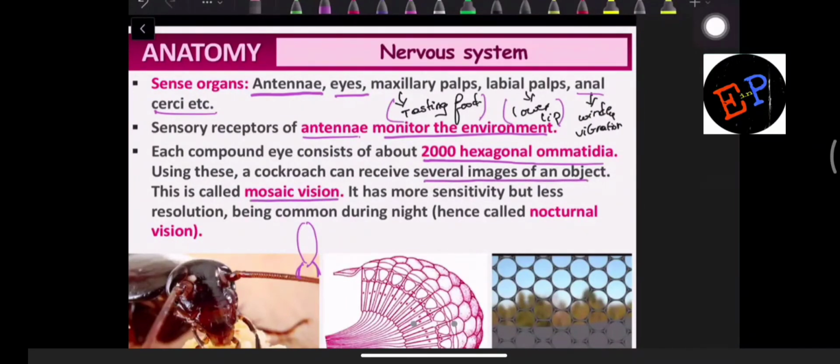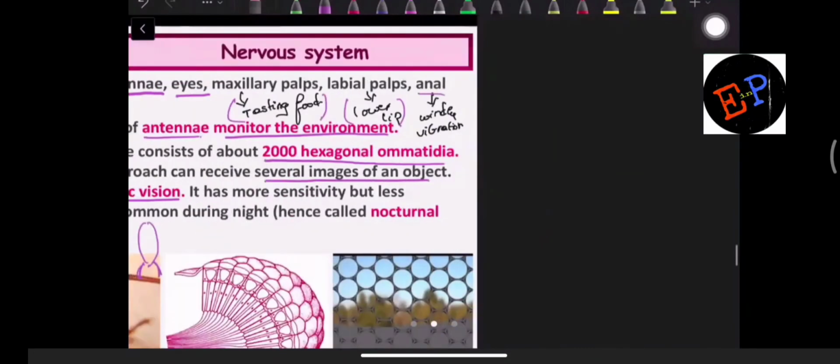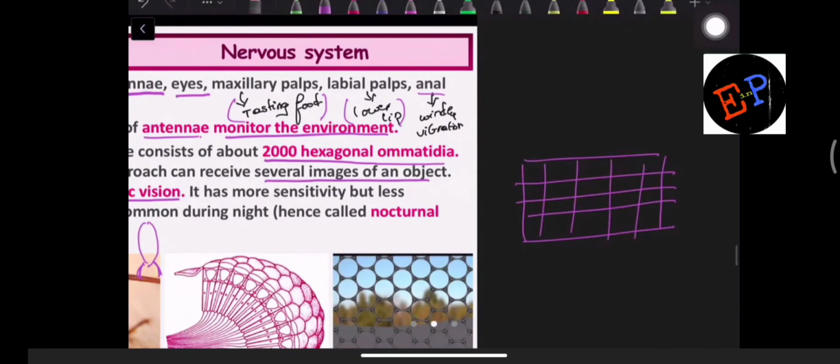The total image in front of the eyes of the cockroach is split into many small images. For example, if you take one picture and divide it into 2000 parts, each part will be received by each simple eye. And from all of them a blurred type of image will be created.